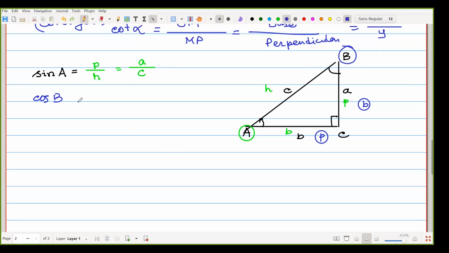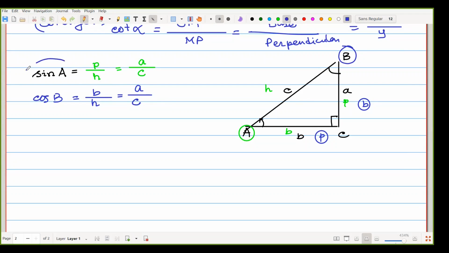So cos B means base by hypotenuse. So here base means a and hypotenuse means c.